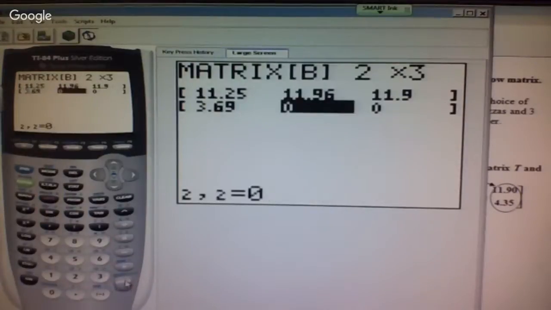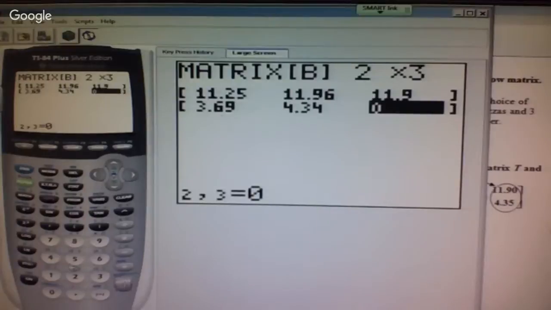Enter. 4.34. Enter. 4.35. Enter. Anybody need help inputting this matrix? No.